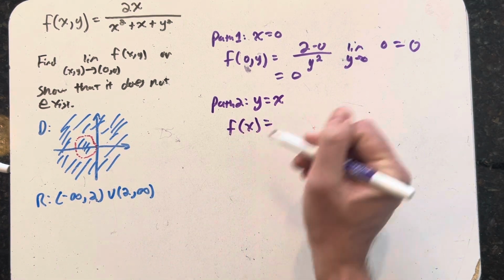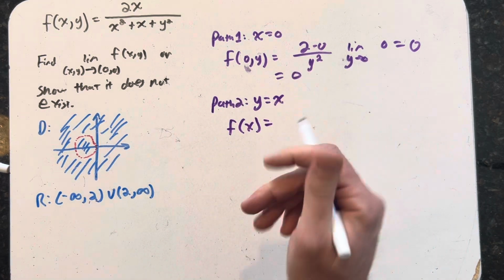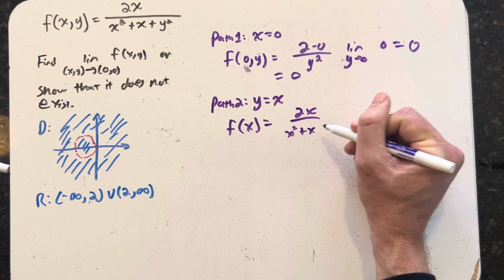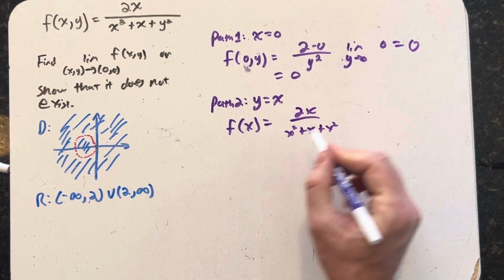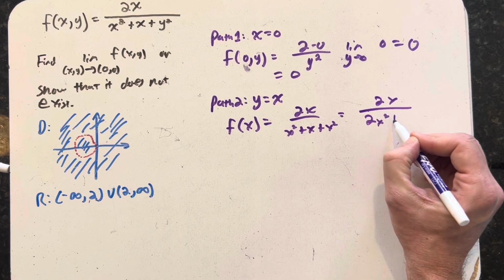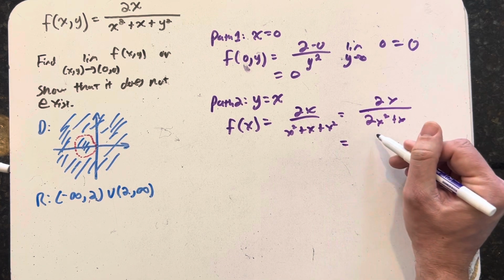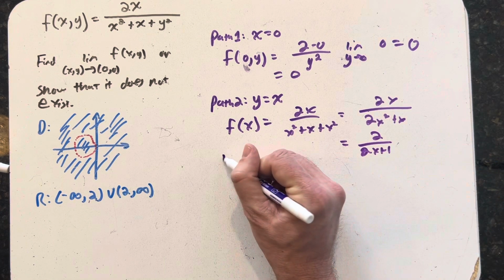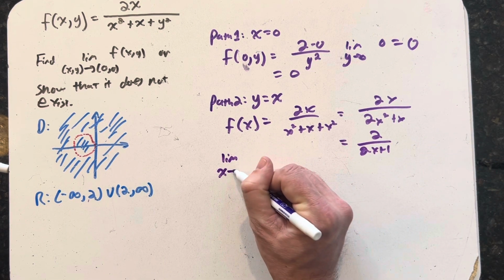If I replace all the y's with x's, this is 2x over x squared plus x plus, well, x squared. That's 2x over 2x squared plus x. We can definitely divide everything by an x. Now let's take the limit as x goes to 0.